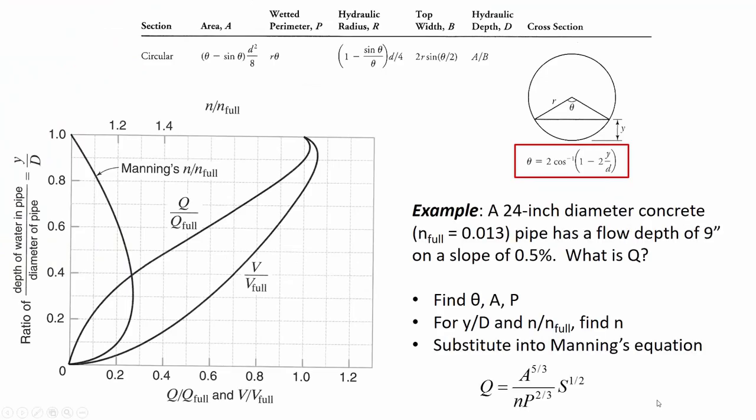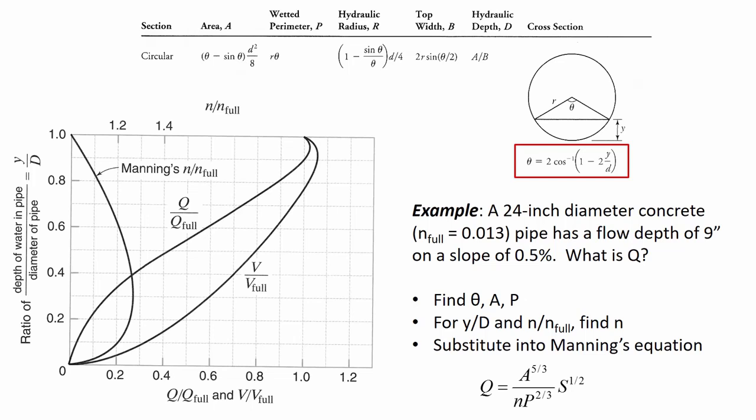All right, so we know that the ratio of y to D is 0.375, right? So if it's 0.375, then 0.375 is up here. So we're going to go over and find the curve for n to n full, and then up. All right, so 0.375 up.